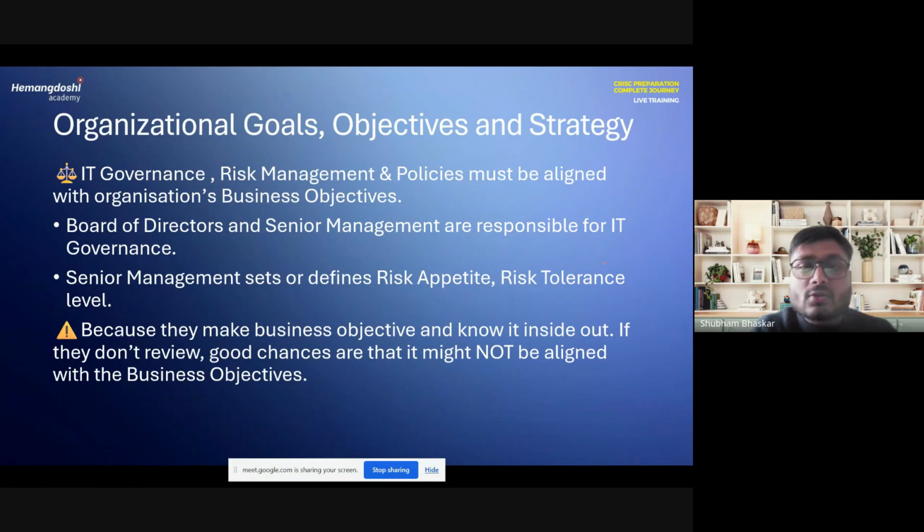Tomorrow, let's say the business objective is that I need to save some money. So I am going to get rid of all the on-prem servers and I'm going to move to cloud, AWS maybe. Well, then you have to do the whole risk assessment. What is the risk if the organization moves to cloud, right? So you see how everything you are doing is aligning to business objective.